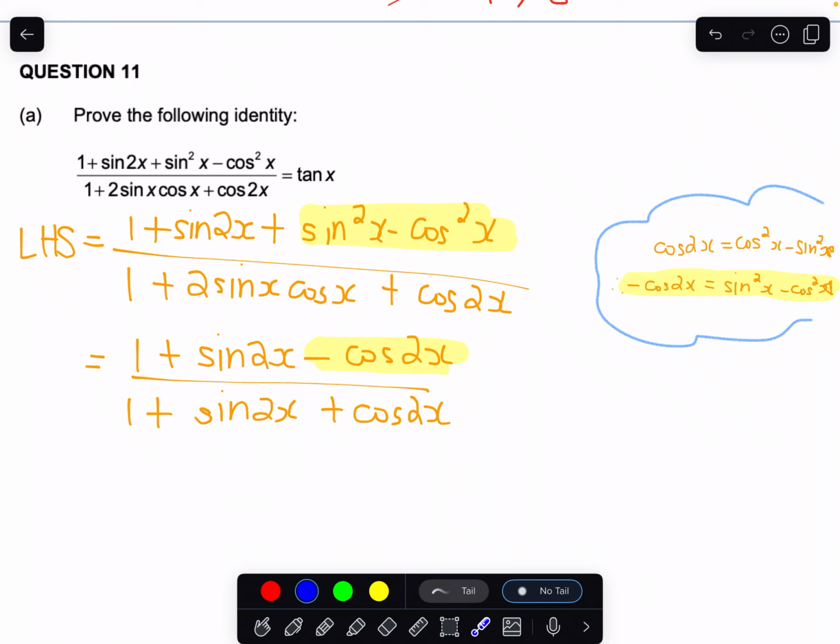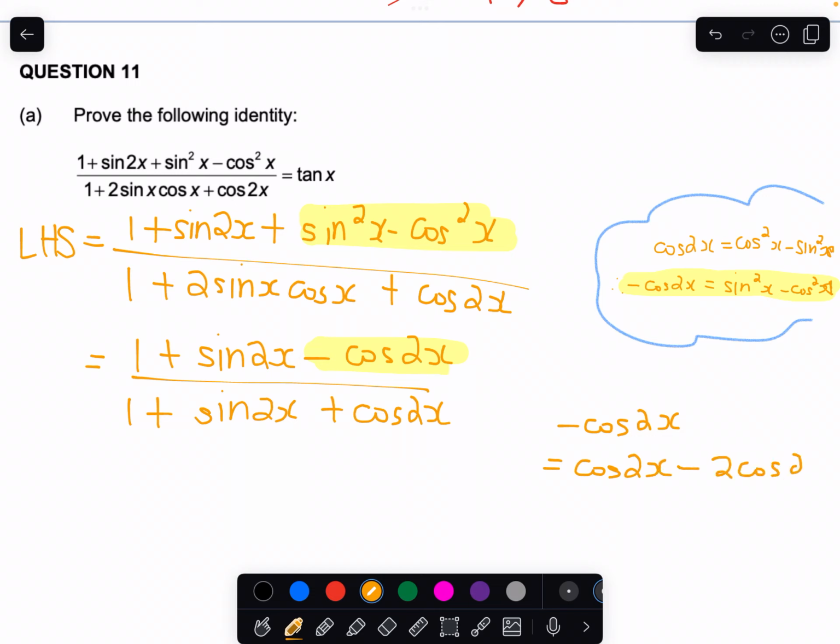I'm going to rewrite minus cos 2x as positive cos 2x minus 2 cos 2x.